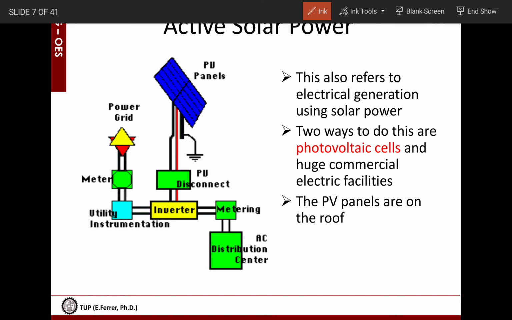This also applies to electrical generation using solar power. There are two ways to do this: photovoltaic cells and then commercial electric facilities. And then you also have PV panels on the roof, like this one.